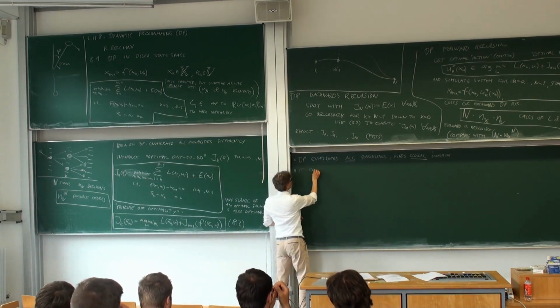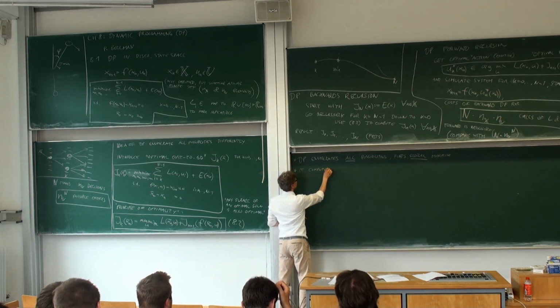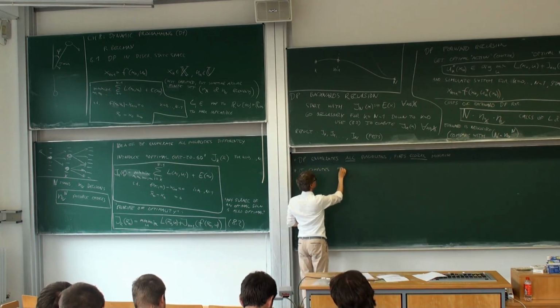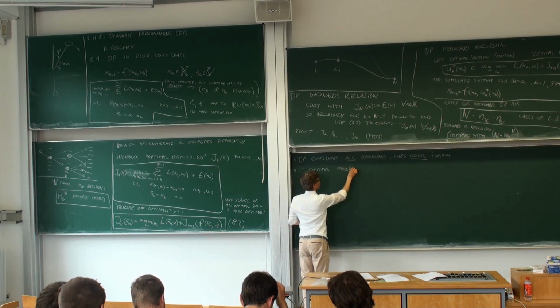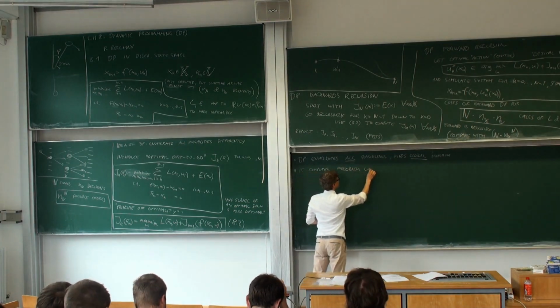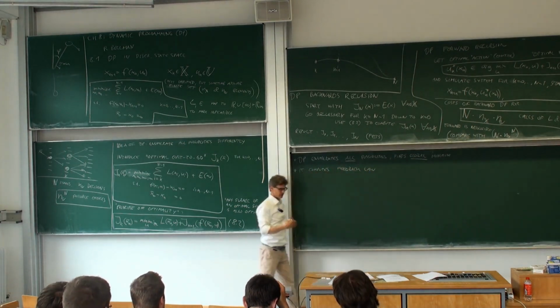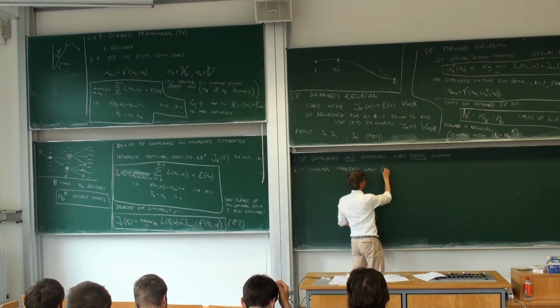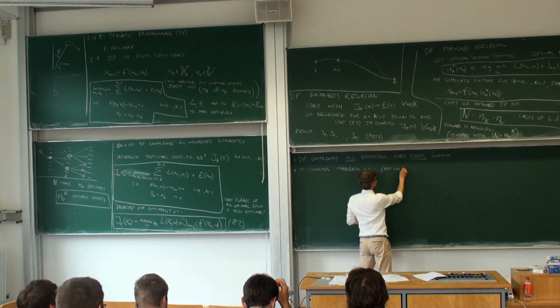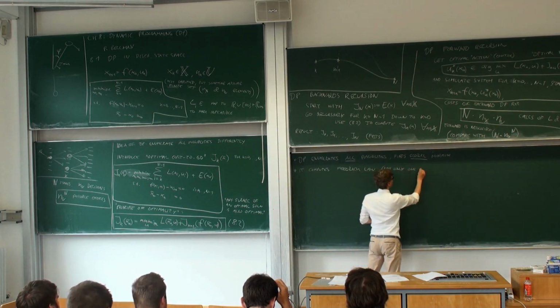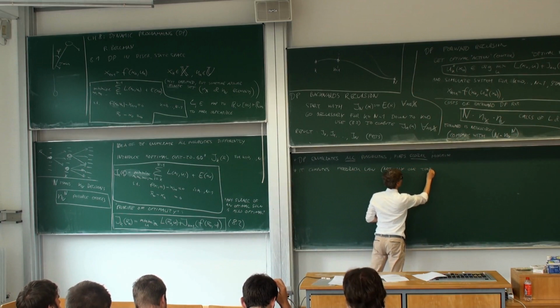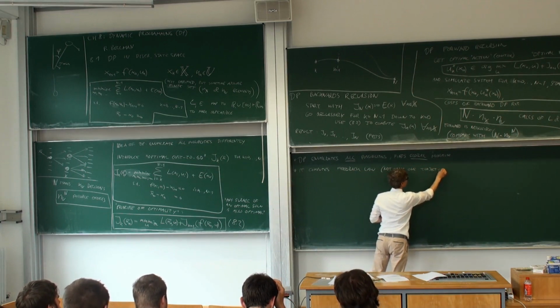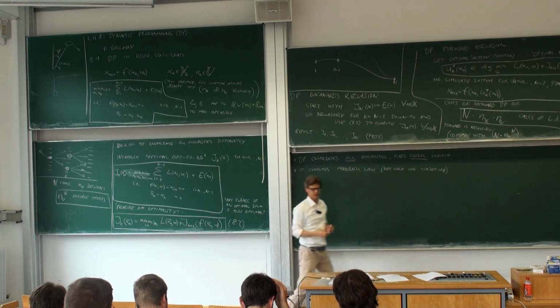It computes a feedback control law, basically. So it's not just one open loop, not only one trajectory. So that can sometimes be very useful. So both these things can be useful.